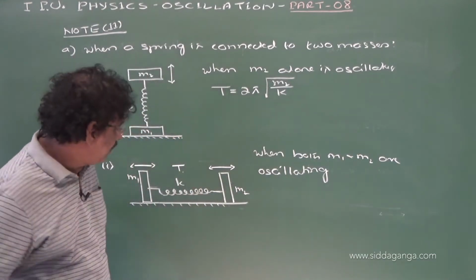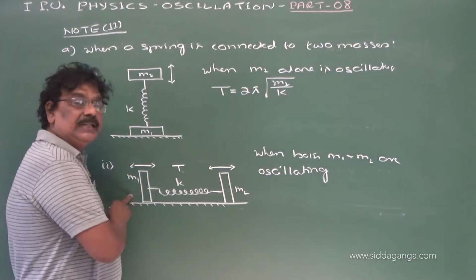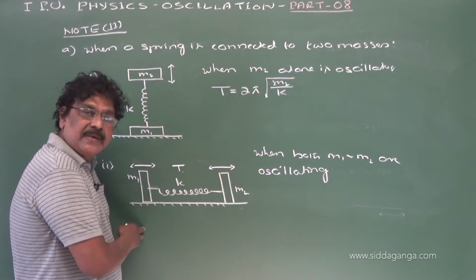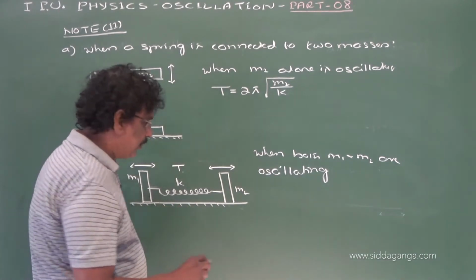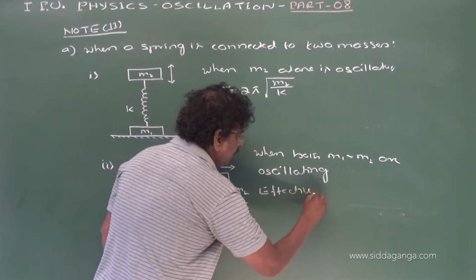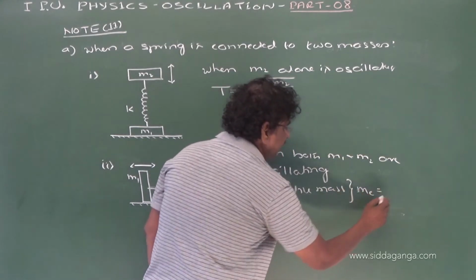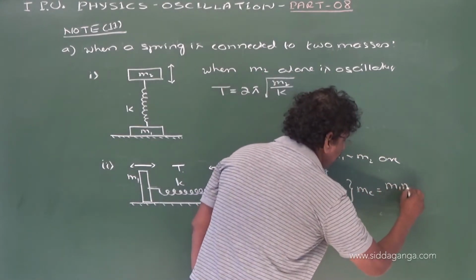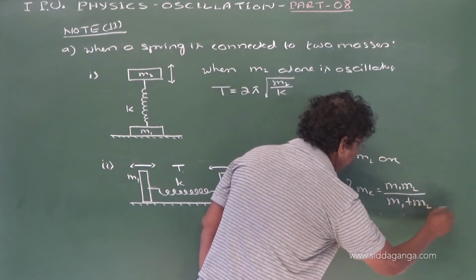Now we have to consider the effective mass of the two bodies. The effective mass is not just m1 plus m2 here. The effective mass of the system, me, is equal to m1 m2 by m1 plus m2.